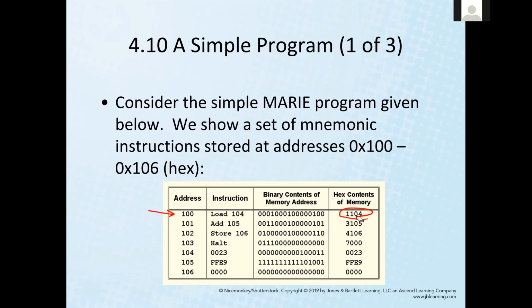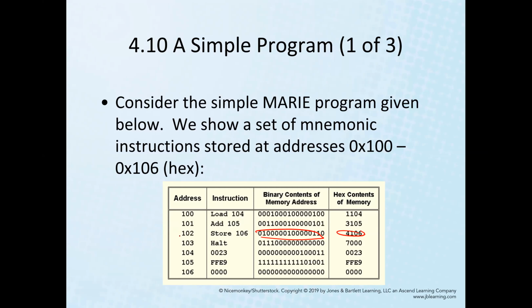The second instruction, located at address 101, is add 105. Add has an opcode of 0011, and 105 is this binary number. So the hexadecimal equivalent for add 105 is 3105. The last line is store 106, the same story.